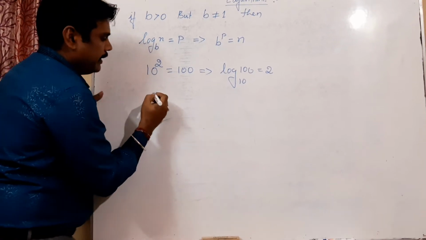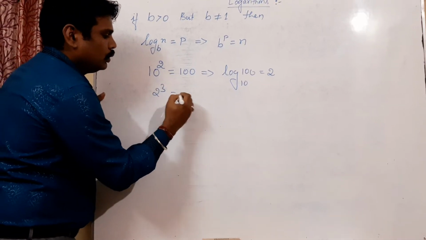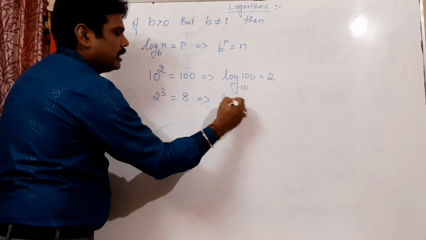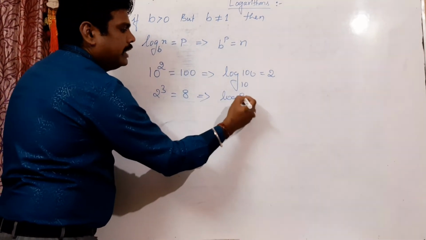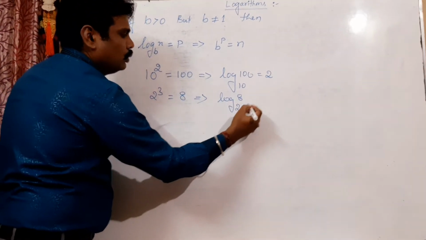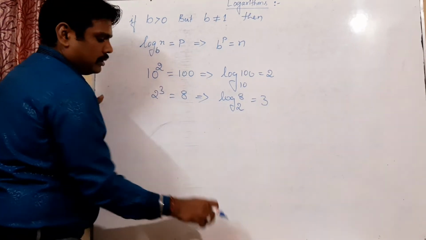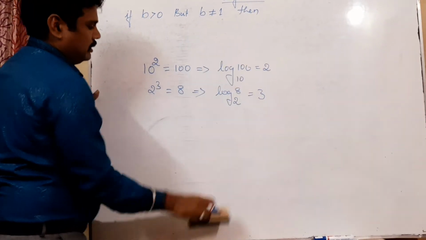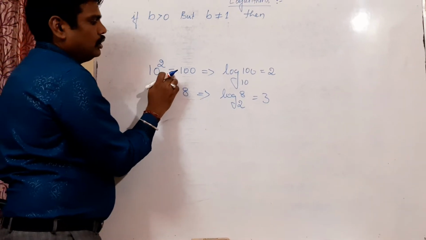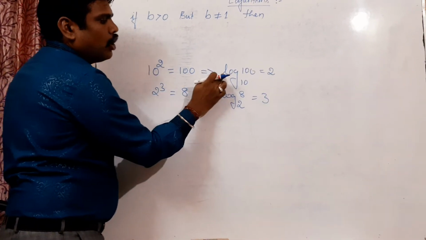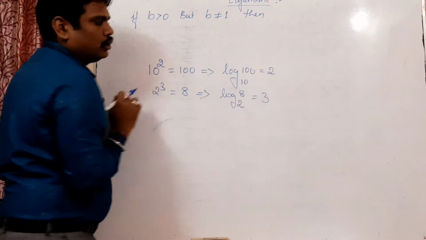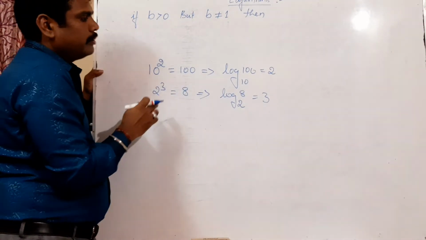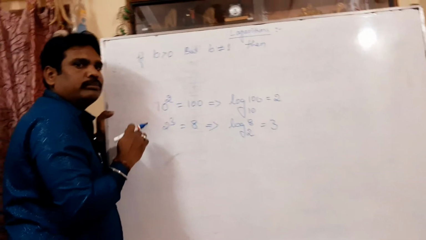Like this, if I consider 2 cube, it is nothing but 8. In logarithmic language it can be written as log 8 to the base 2 is equal to 3. So in general, 10 square is equal to 100 means log 100 base 10 is equal to 2. You got an idea? This is how one can convert from logarithmic form to the natural number.